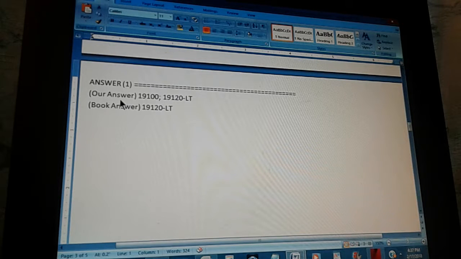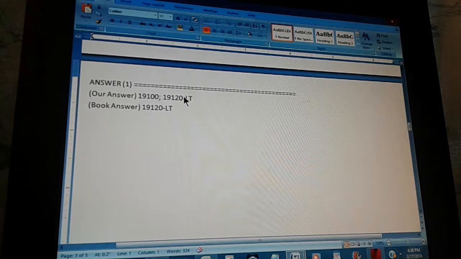Okay, the answer. Our answer, since there was a biopsy first and there was an excision of the lesion second, is the code for the biopsy, which is 19100, and the code for the excision of the lesion. And the LT is because it's the left breast, right?